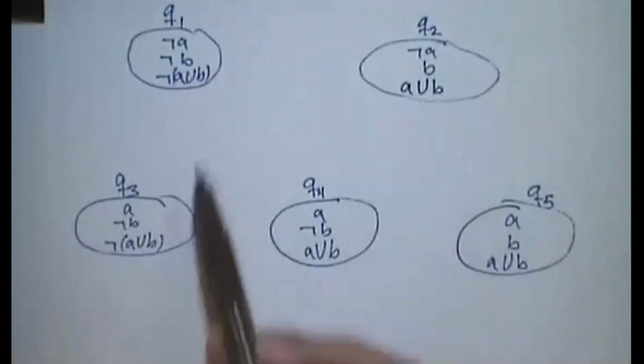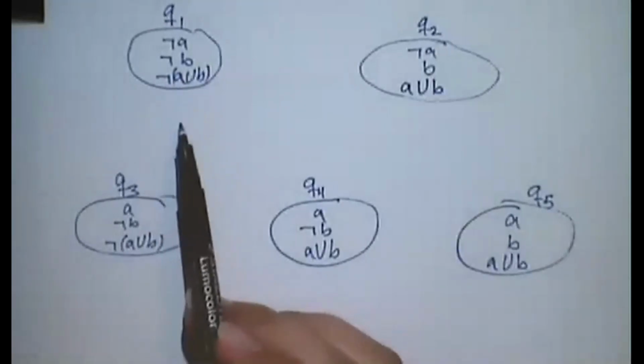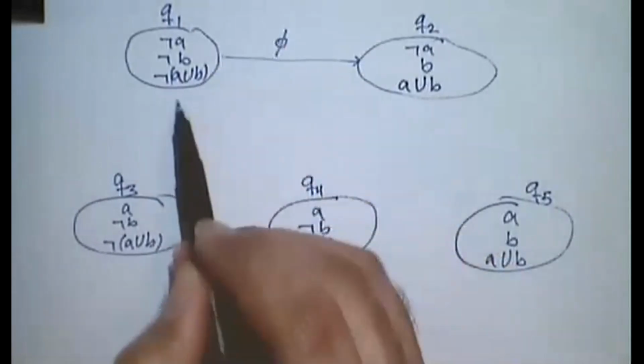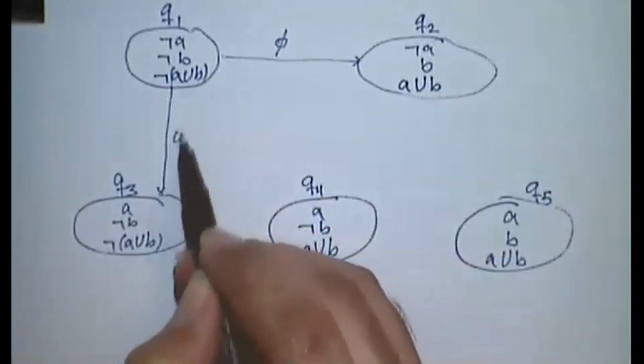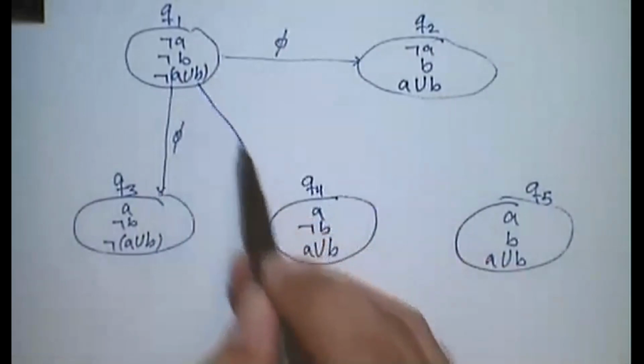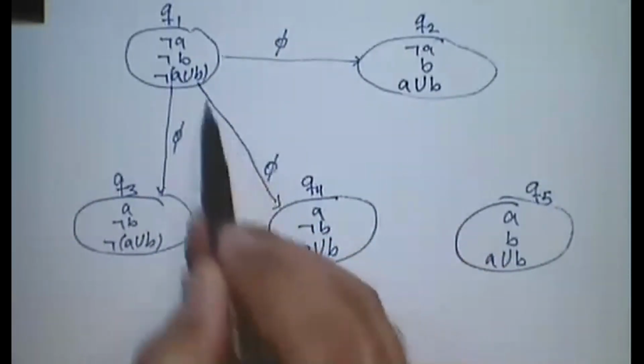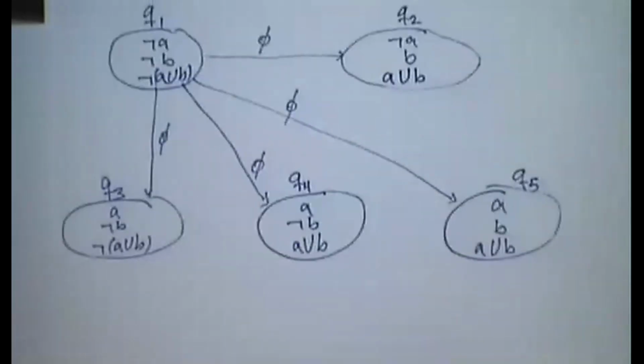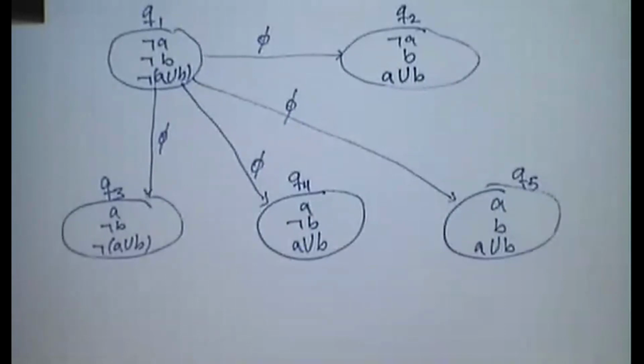So from Q1, I can go anywhere else that I want, as long as the letter that I'm reading is the empty set. This one was easy. What happens with Q2?